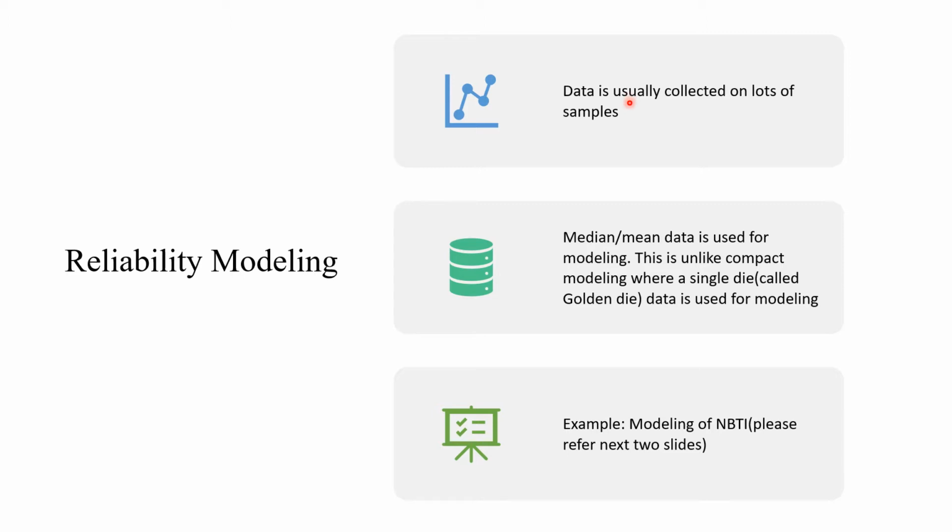The second point is to stress the device above its rating, however do not damage the device. And number three, as I explained earlier, you measure not only one device or only the golden die, but some statistically significant number of devices, and then use the mean or median data and the max and min to create a model, which you can then incorporate into the corresponding compact model.